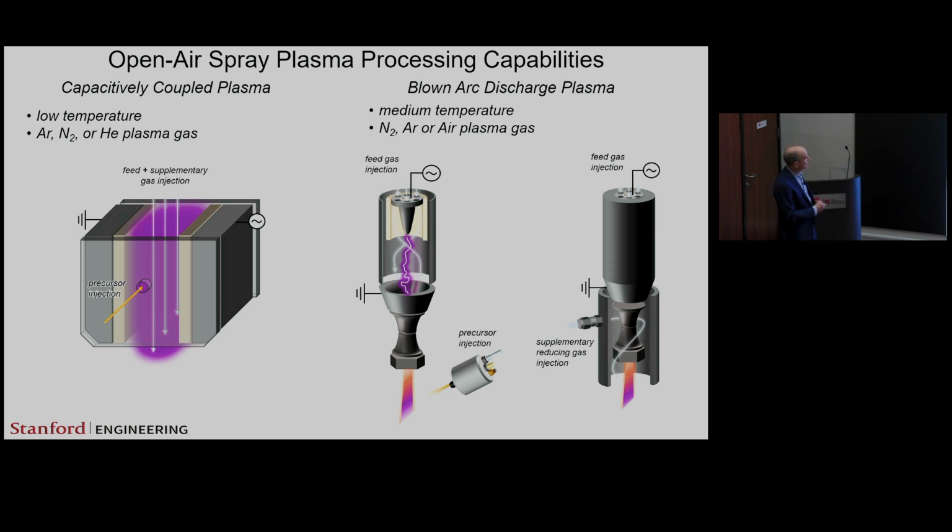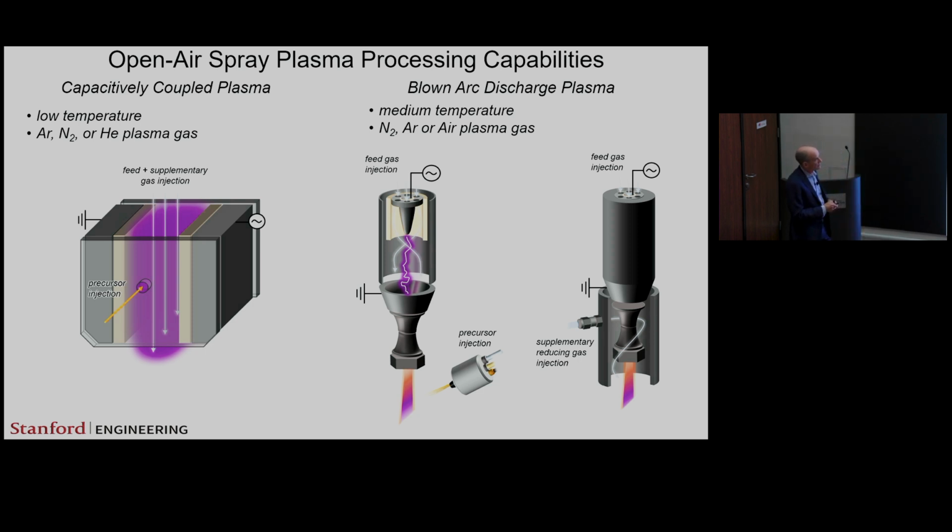These capacitively coupled systems can be run with a number of different gases. Of course, helium will never be a manufacturing gas, so we're usually interested in just nitrogen and sometimes argon. This can be run at very low temperatures, slightly above room temperature, but normally we are operating at between about 100 and 250 degrees Celsius.